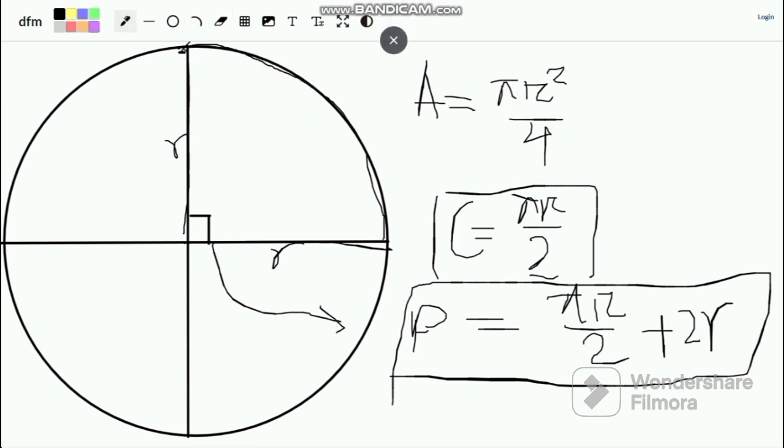Now we have basically gathered almost everything about a circle's shapes, areas. A circle does not have a volume, so that's why we're not going on that part. But now let's move on to a more trivial part of this episode, which is the sector area and the arc length of a circle.